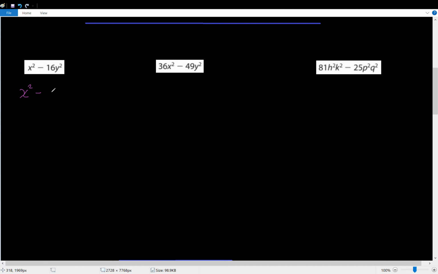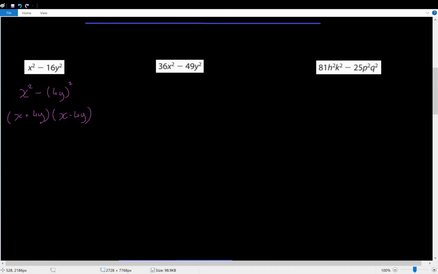So 16y squared could be, if we do this, 4y in brackets, squared. And the square would apply to everything in there. So 4 squared would be 16, and y squared would be y squared. So we would get back what we started with. And then from here, we'd follow the exact same rule as before. We'd have x plus 4y times x minus 4y.